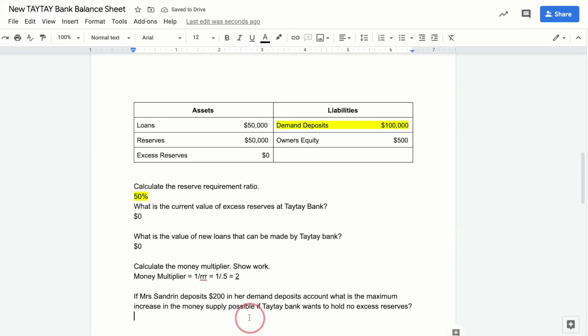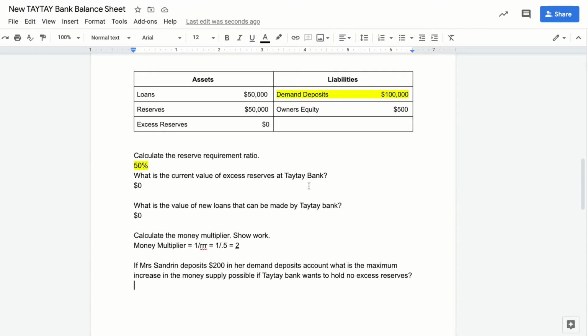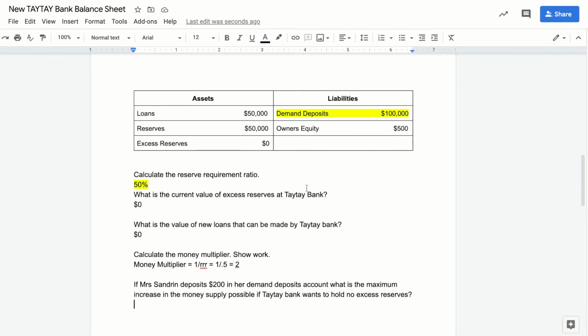Okay, now Mrs. Sandrin is coming in, and she's depositing $200 into her demand deposit account, aka her checking account. What is the maximum increase in the money supply possible if Taytay Bank wants to hold no excess reserves? She put $200 in her demand deposit account. Taytay Bank has to hold on to 50% of everything, so our required reserves increase by $100.